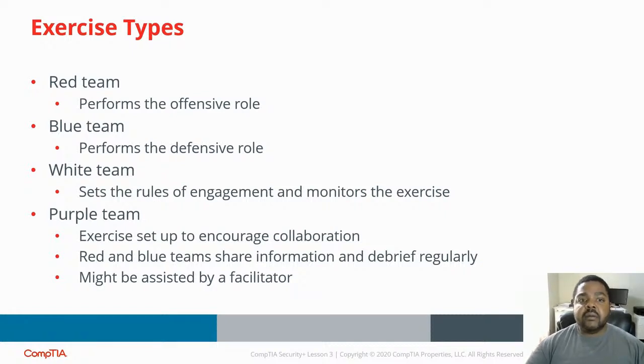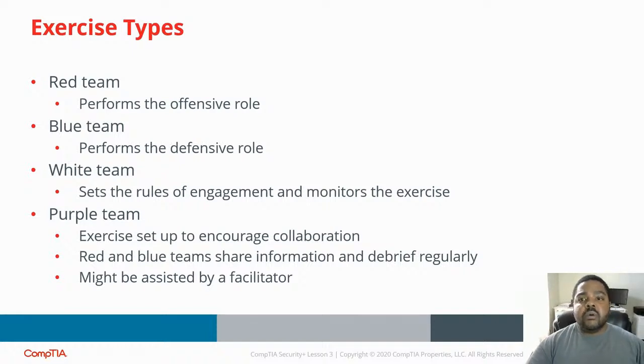Your blue team is going to be on the defensive side, pretending to be your security analysts and so forth, making sure they have defenses set up in order to see the attacks or be alerted of them and then actually react to them. Then you have your white teams, who are probably going to be the officiators over the whole exercise.